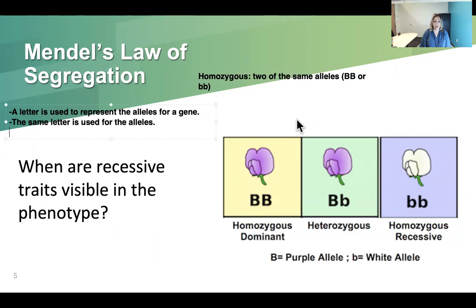In this example, the capital B represents the purple allele. Lowercase b represents the white allele. Okay. So let's revisit this definition here for homozygous.